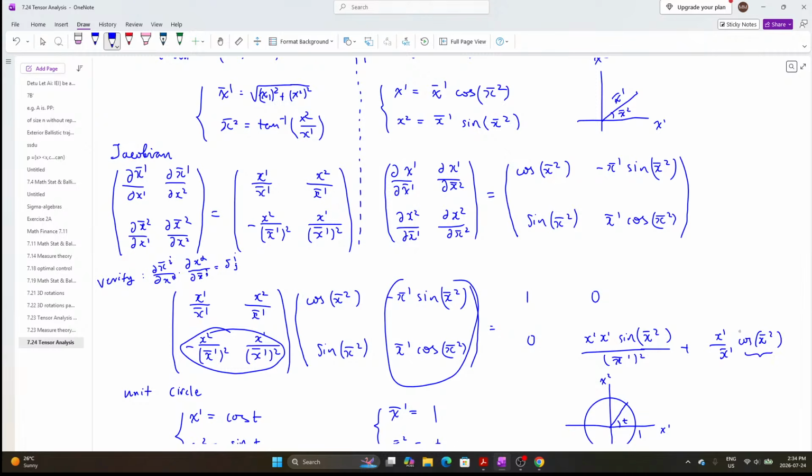The cosine of x bar 2, as we mentioned, is x1 over x bar 1, and the sine is x2 over x bar 1.